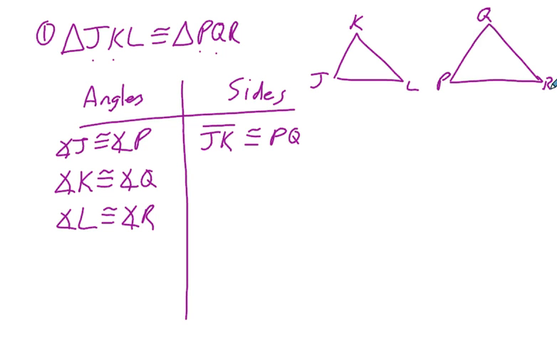So you've got JK is congruent to PQ. Then I'm going to say KL, which is my second two letters in my statement, is congruent to QR.